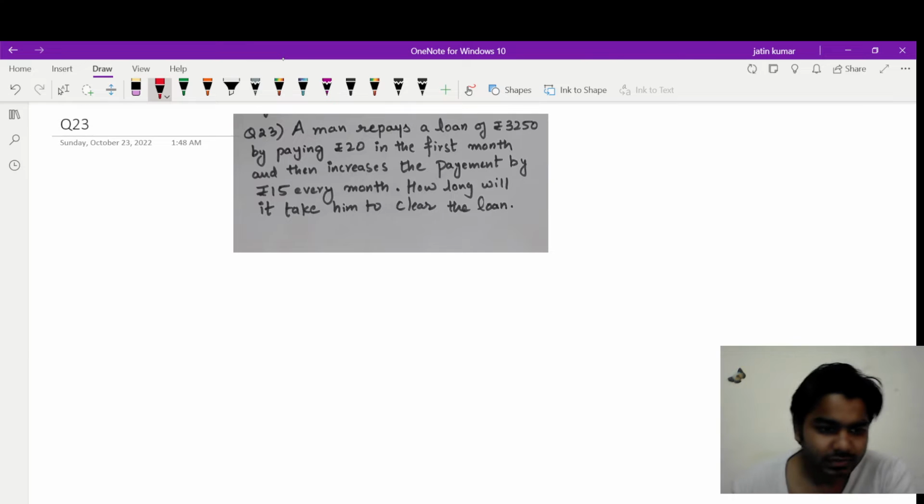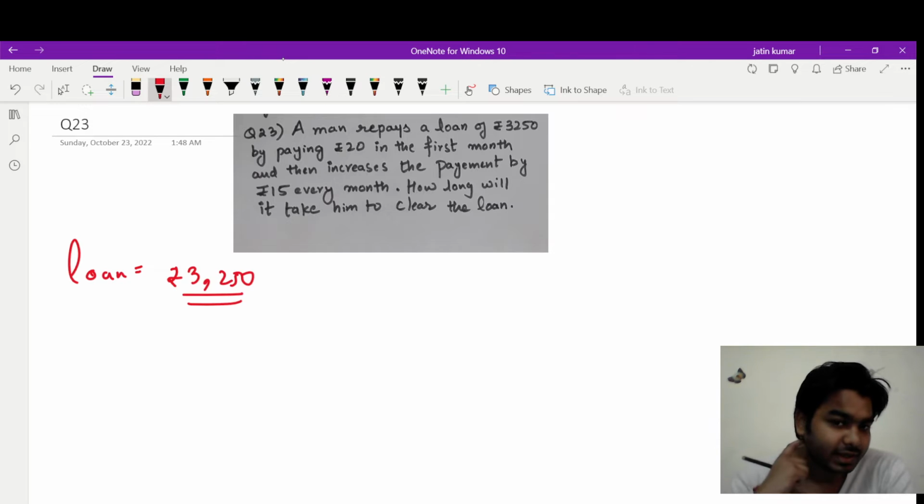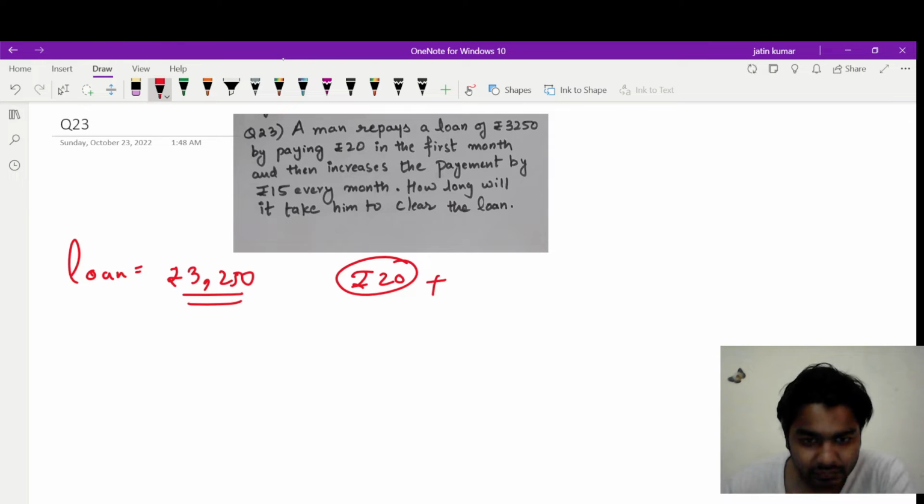So he has a loan of 3250 rupees, and in the first month he pays rupees 20. Now in the second month he will increase his payment by 15, so in the second month he will pay rupees 35, and so on till the nth month.